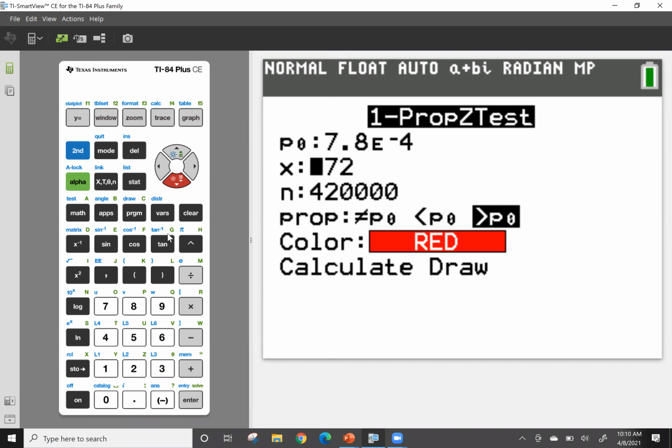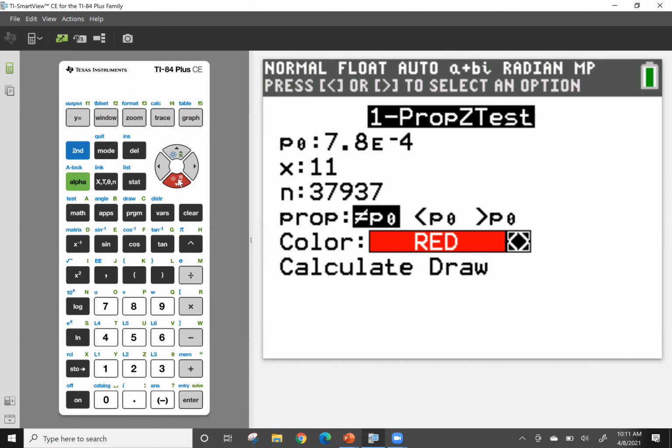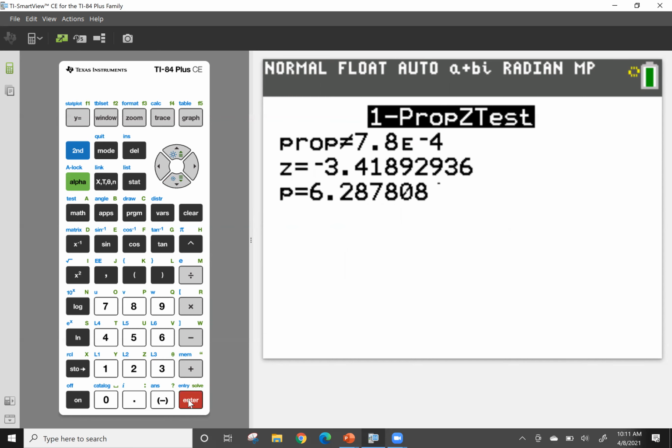In this county in Kentucky, there were 11 out of 37,937 people over the age of 12. It's going to be a two-tailed test, a not equal to, because that's the way this problem was stated. I might look at it differently if it were me.